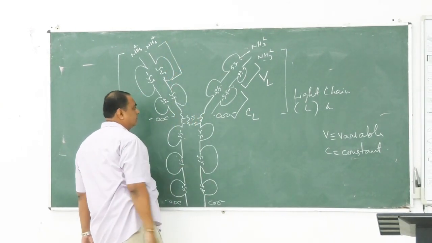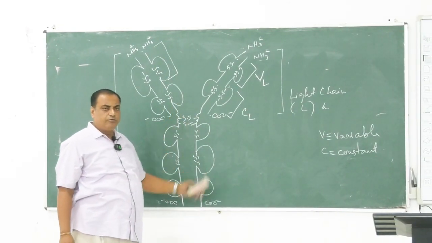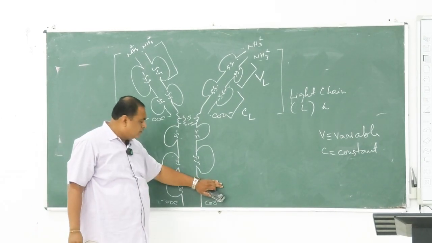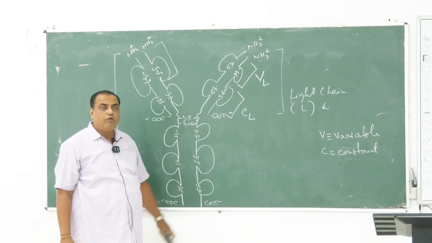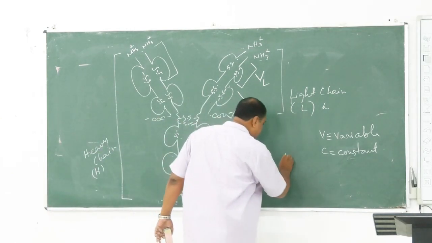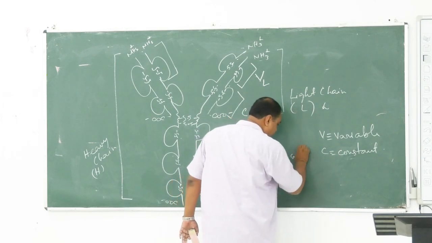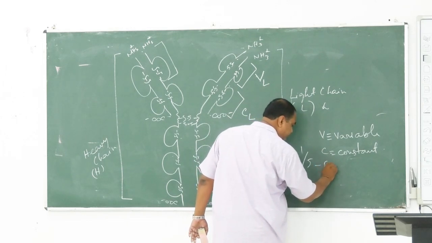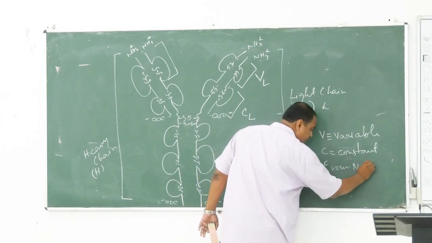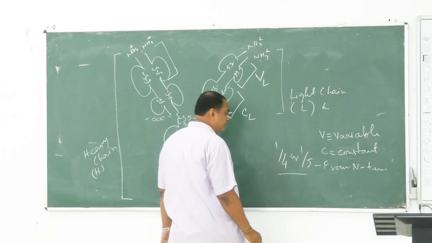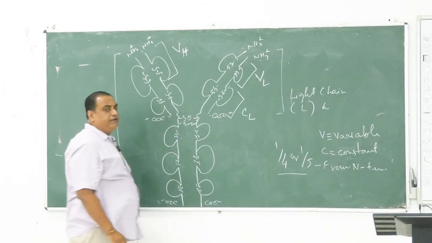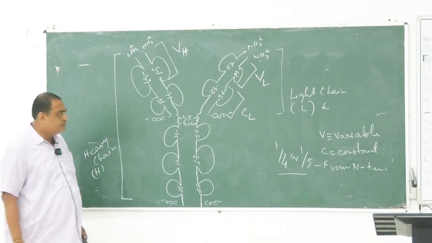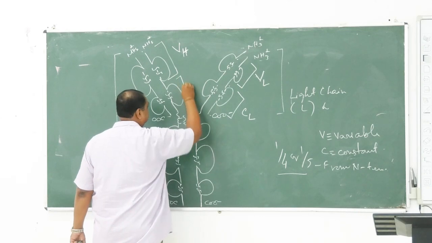If there are 5 such domains, then 1/5, and if there are 4 such domains, then 1/4, that is either 1/4 or 1/5 from the N terminus is VH, the variable region of the heavy chain, and these are constant.